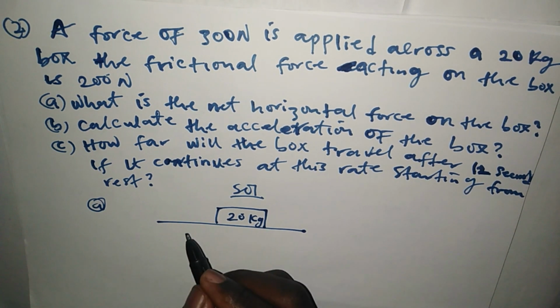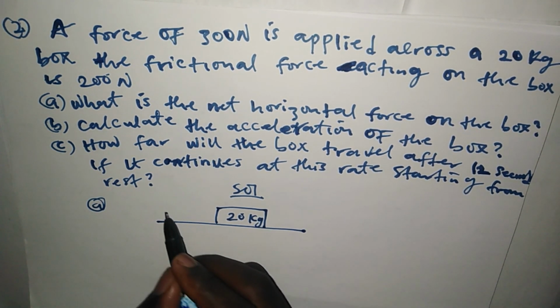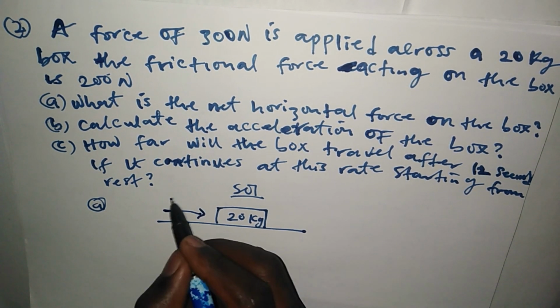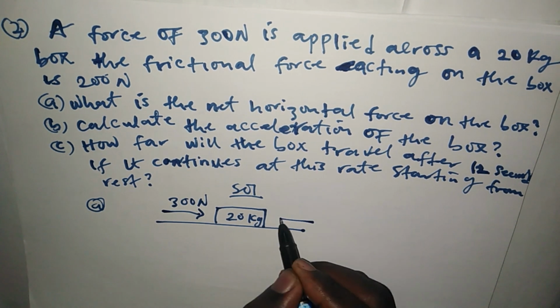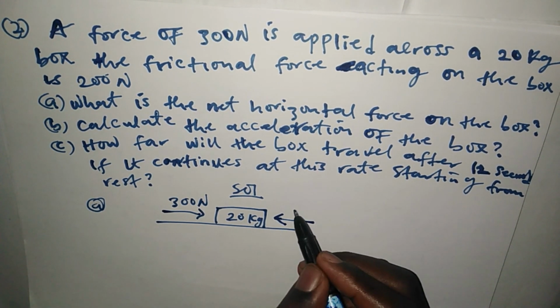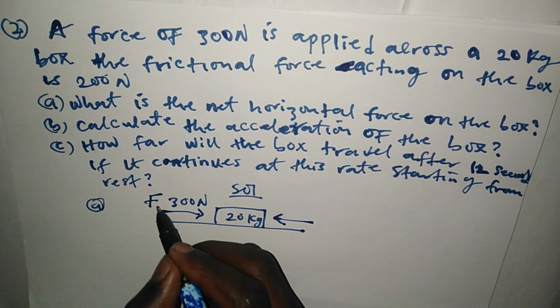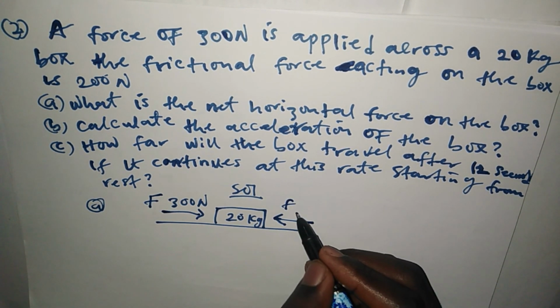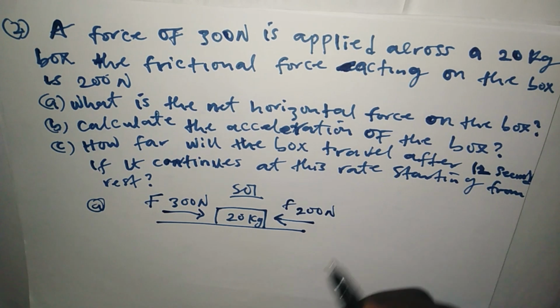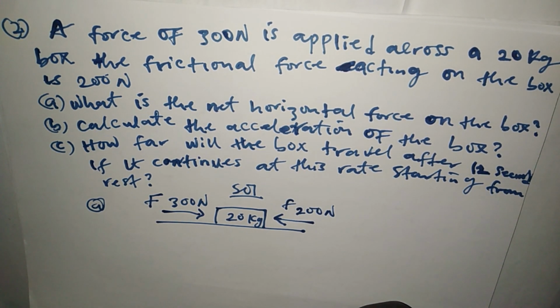Then we have a force that is applied, a 300 Newton force. This will be capital F. Then we have a frictional force. Let's use small f. A 200 Newton frictional force acting on this particular box.